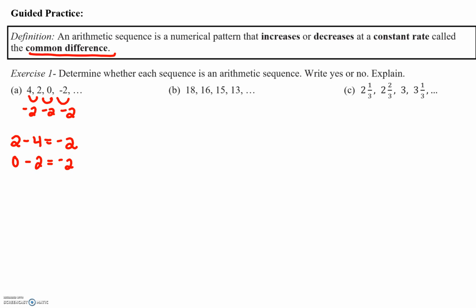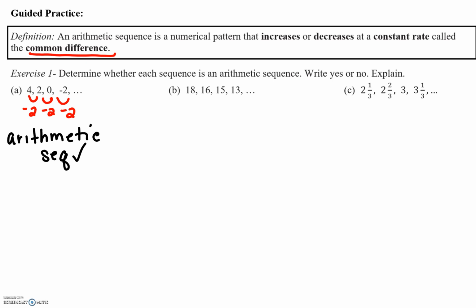You can just type it into the calculator if you can't do it in your head. So for here, because I see a constant increase, in this case decrease, by negative 2, this is considered an arithmetic sequence.